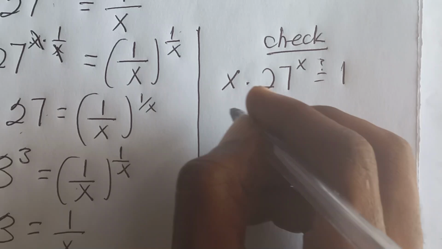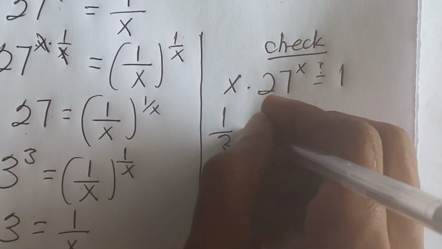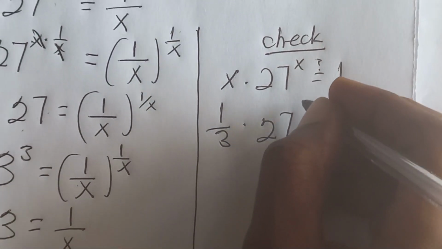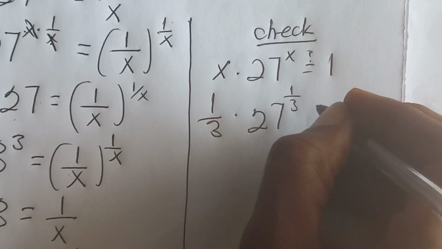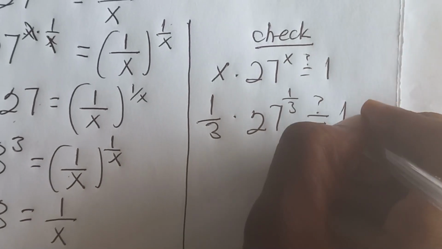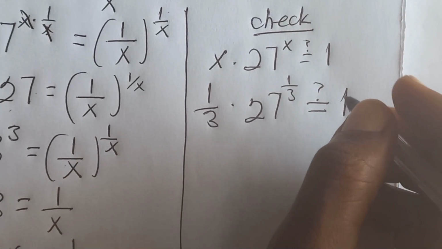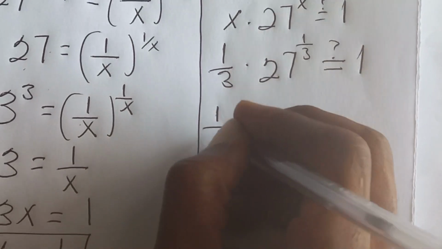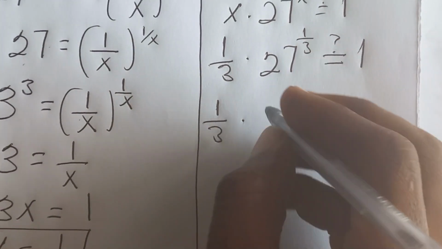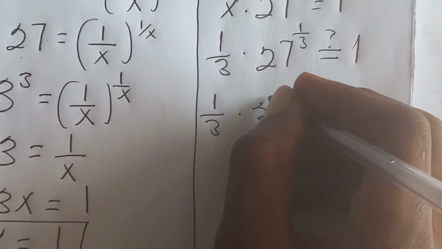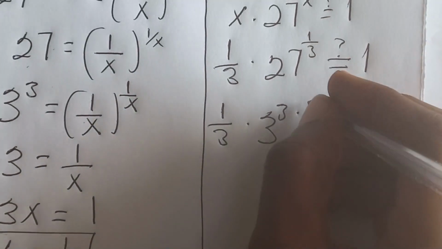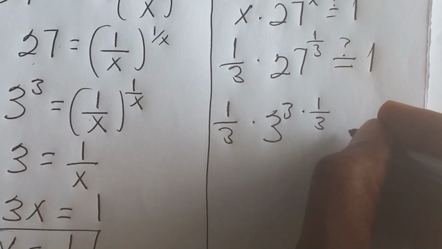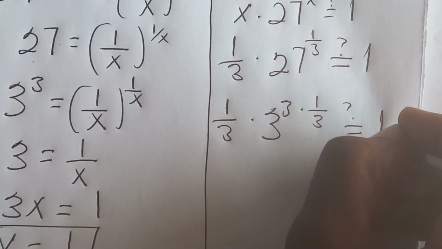So now we let x be 1 on 3, multiplied by 27 exponent 1 on 3, and it should be equal to 1. Now 1 on 3 multiplied by 27 can be expressed as 3 exponent 3 multiplied by 1 on 3. It should be equal to 1.